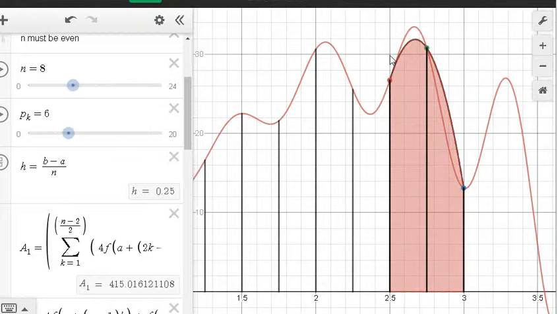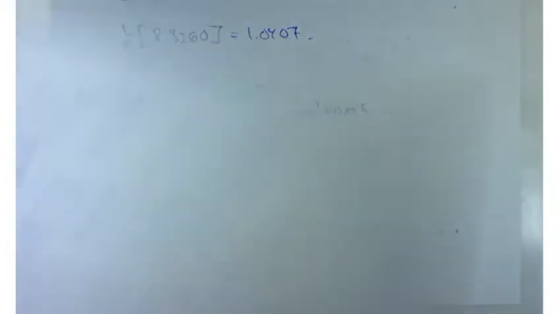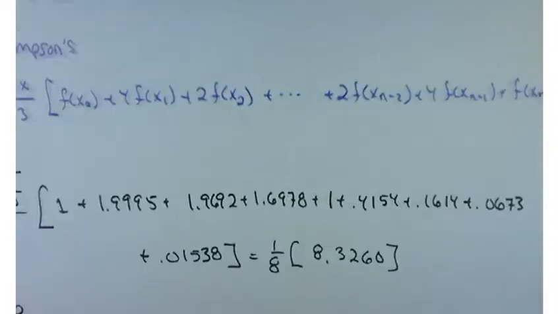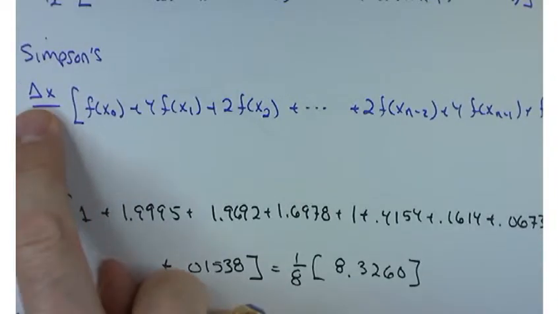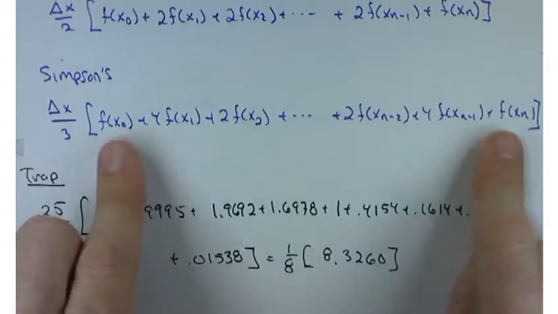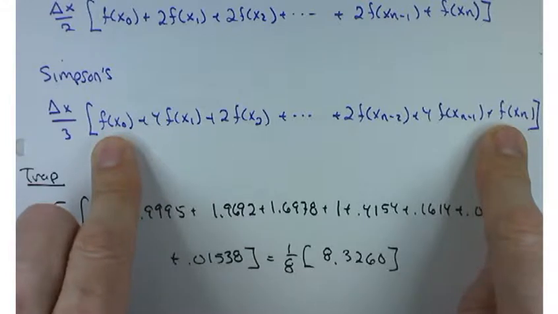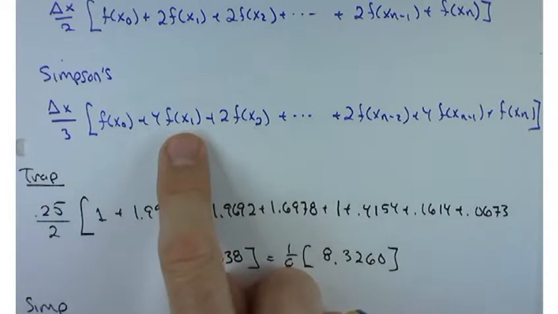So let me show you the formula for Simpson's Rule. And that formula is right here. It's going to be delta x, which again is the width of your interval, divided by 3, which is different. The endpoints don't get multiplied by anything, but in between, we've got a slightly different pattern.